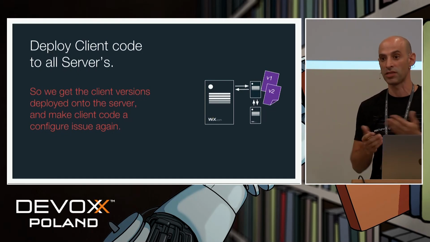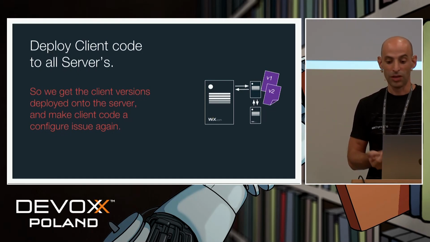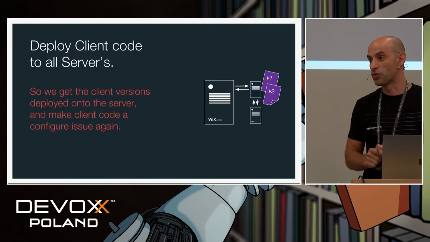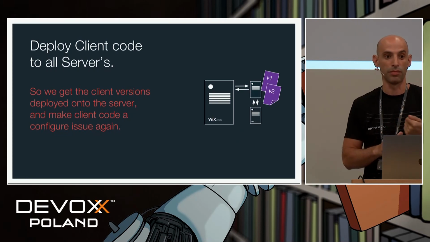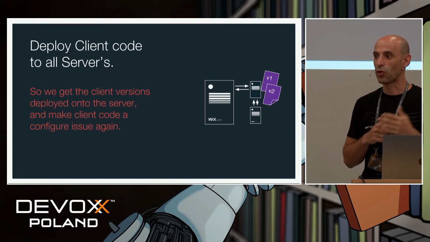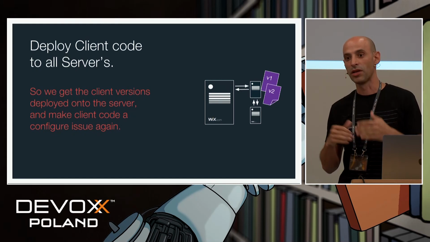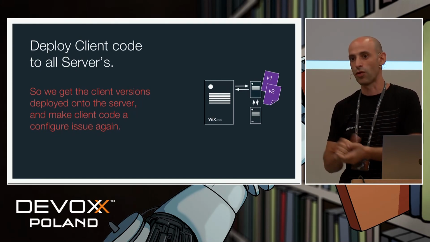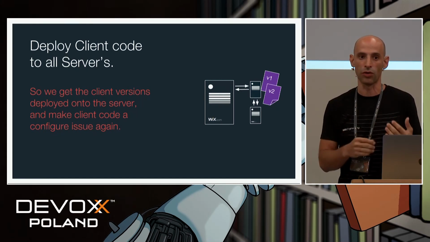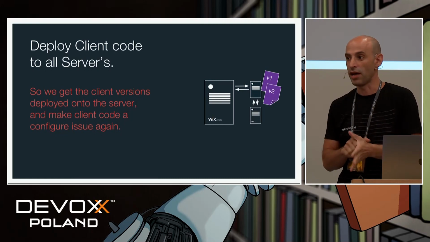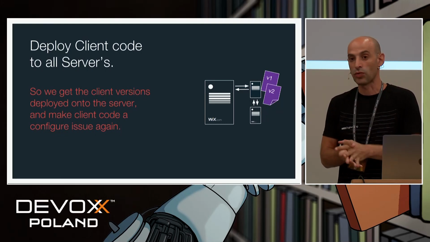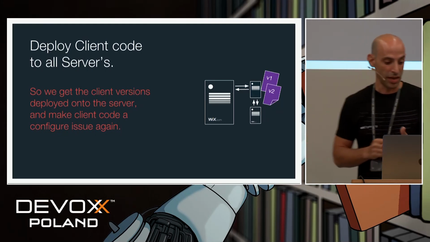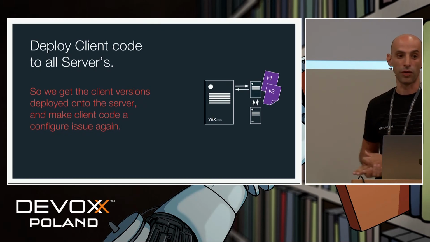It doesn't find a dependency, and it fails. This was one of the hacks we could use with Node to make things work. It's a little more complex than I'm presenting, but we had system folks deploying the client versions onto the disk of our server. And now all we needed to do to load the version is go to a specific path and look for that version. So now the client is, again, a configuration issue.